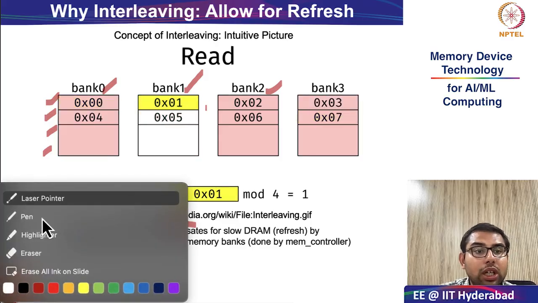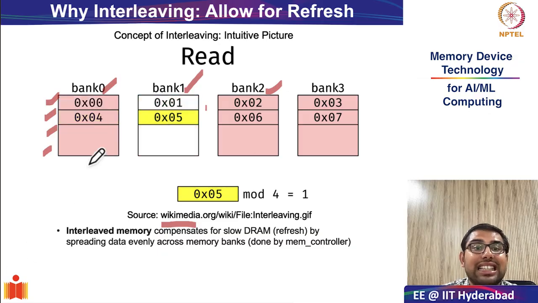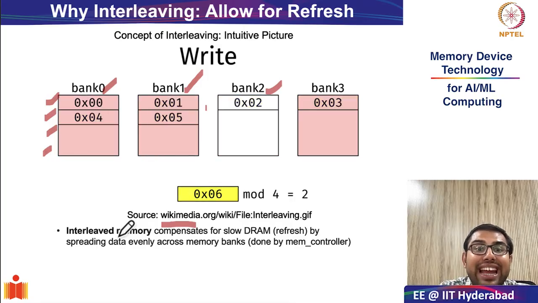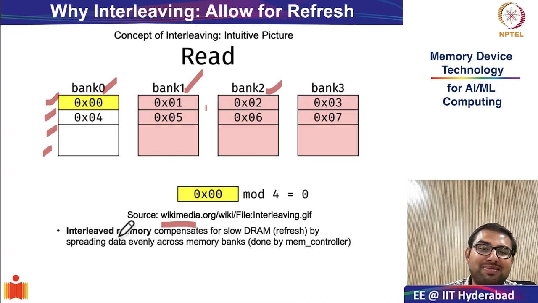Rest of the time, the refresh operation is going on. And this is why you implement the concept of interleaving. So interleaving compensates for the slow DRAM refresh by spreading data evenly through the banks.